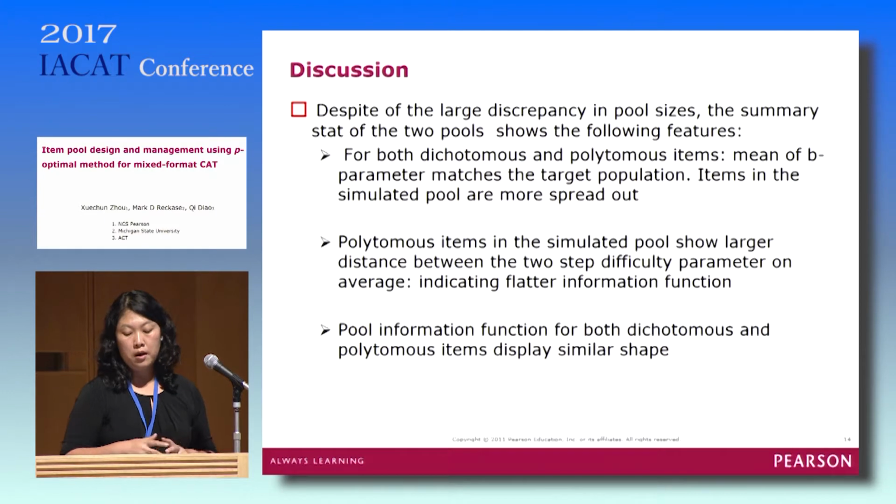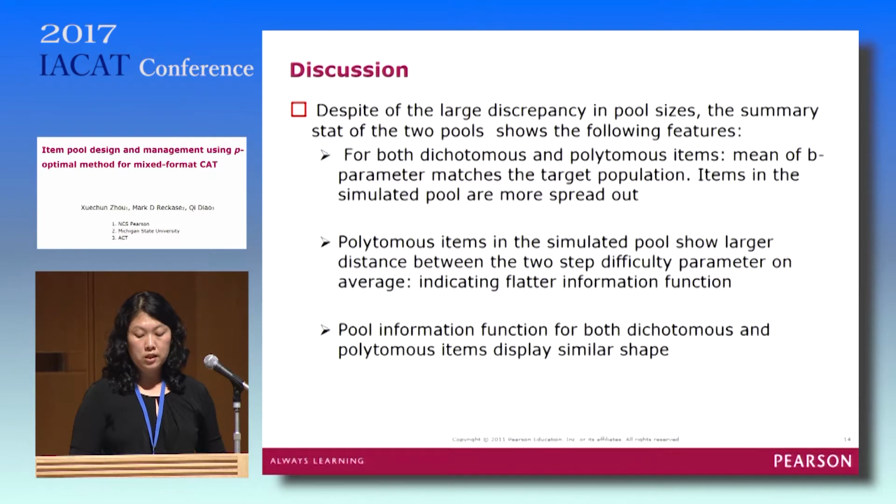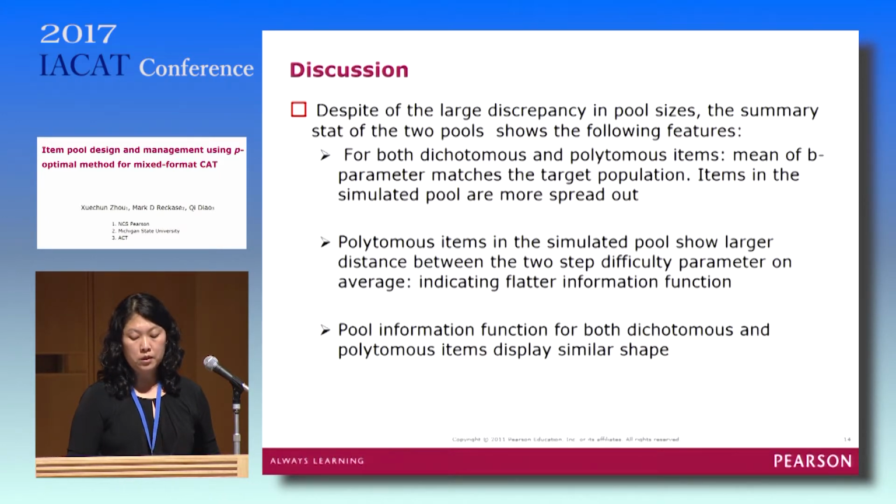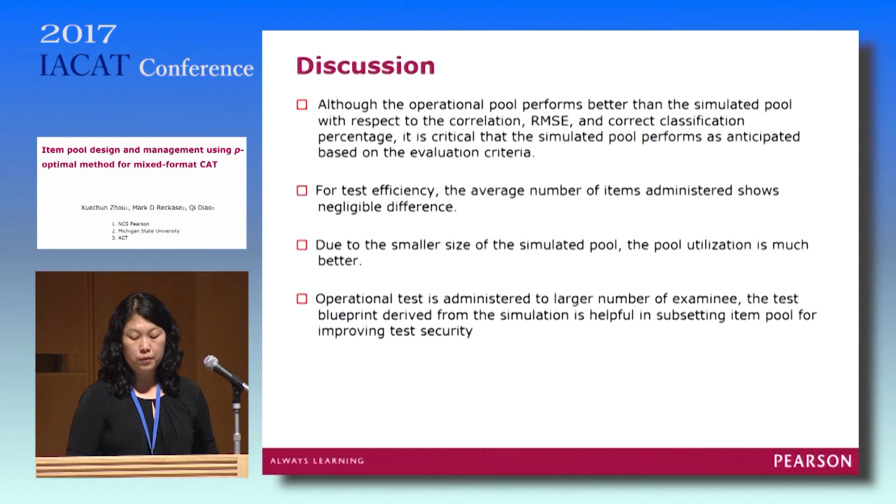So in conclusion, despite the large discrepancy in pool sizes, the summary statistics of the two pools show the following features. For both dichotomous and polytomous items, the mean of the B parameter matches the target population. Items in the simulated pool are more spread out. Polytomous items in the simulated pool show a larger distance between the two step difficulty parameters on average, indicating a flatter information pattern. And the pool information function for both dichotomous and polytomous items displays a similar shape.